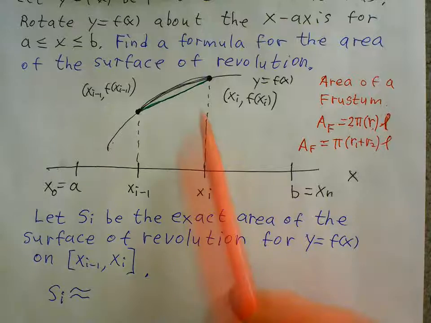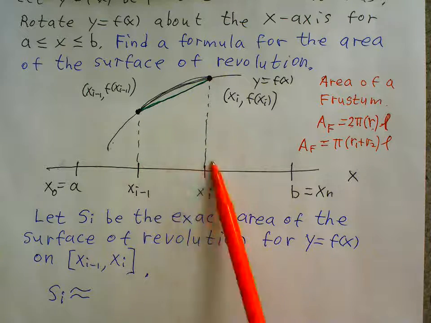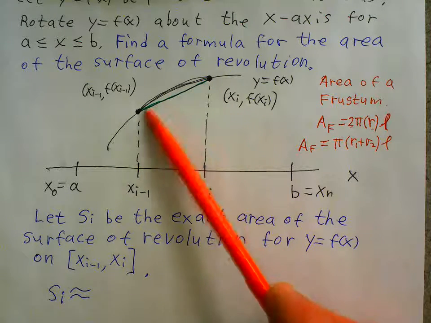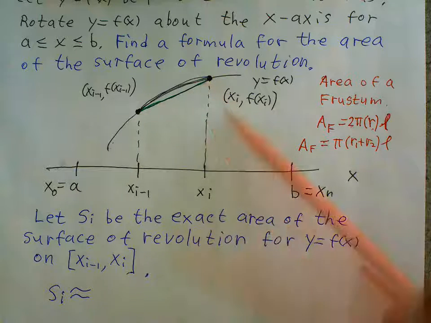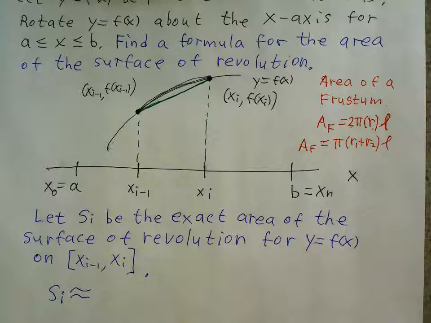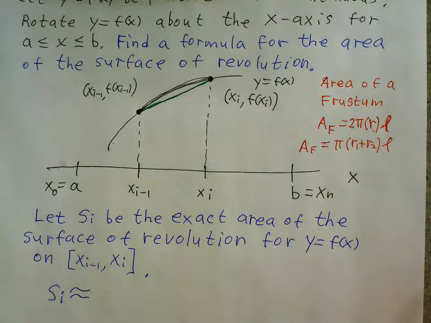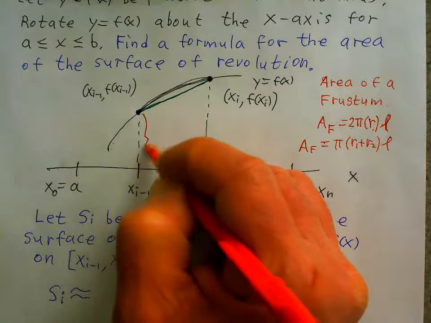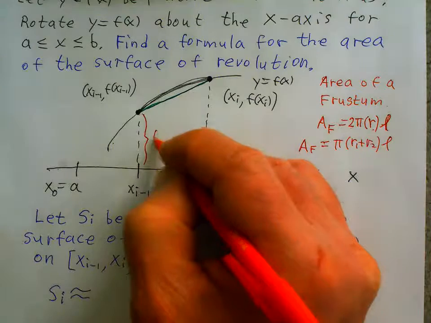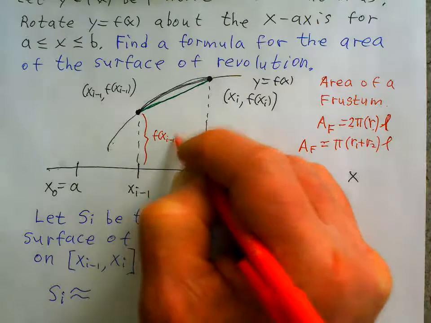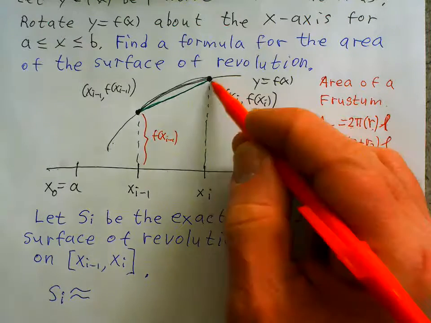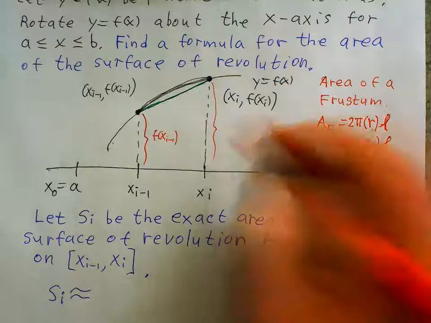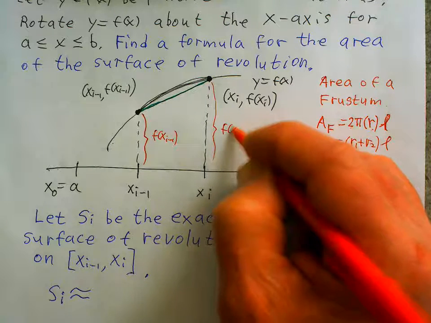Okay, so what are the radii of the frustum when we rotate this line segment about the x-axis? One radius is f of x sub i minus 1, and the other radius is f of x sub i.